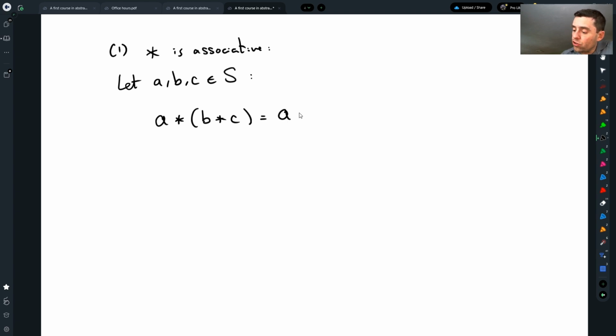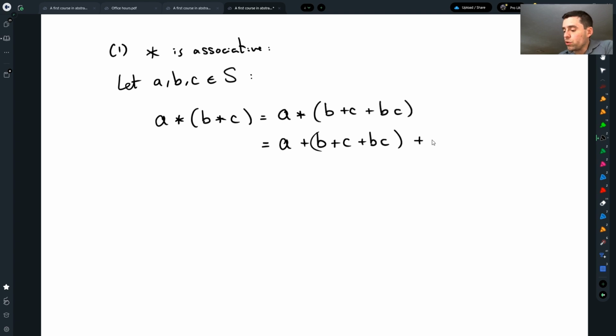So B star C is B plus C plus BC. And A star something will be A plus this plus the product of A and this, A times B plus C plus BC. So if we simplify all of this, this is A plus B plus C plus BC plus AB plus AC plus ABC.